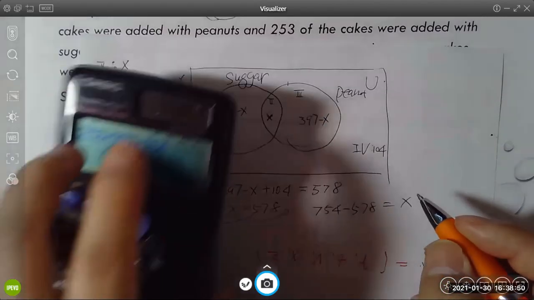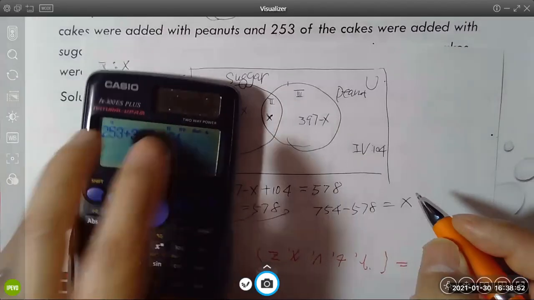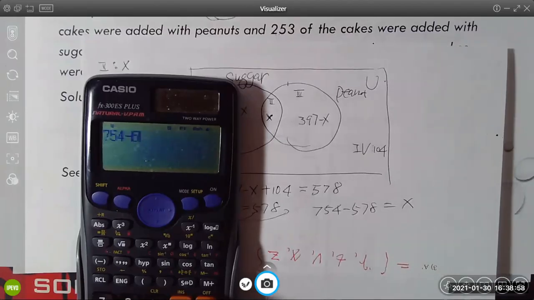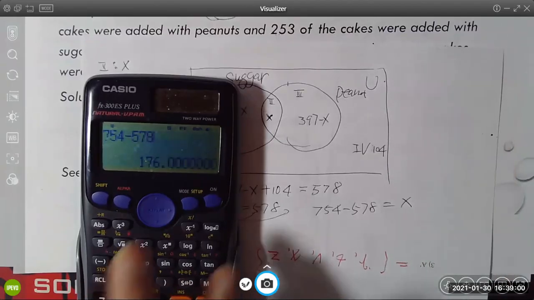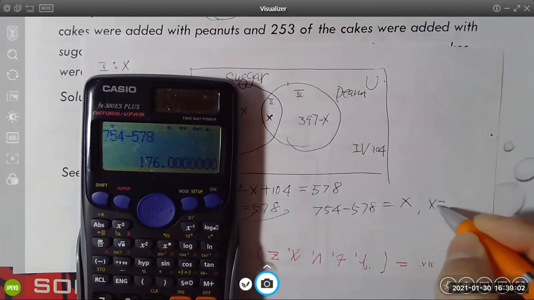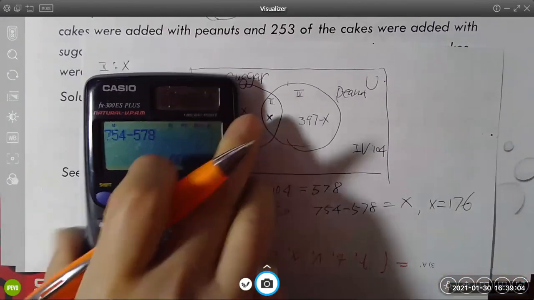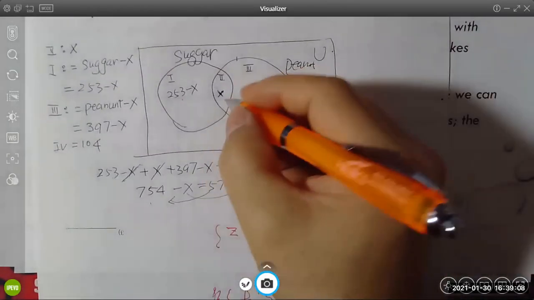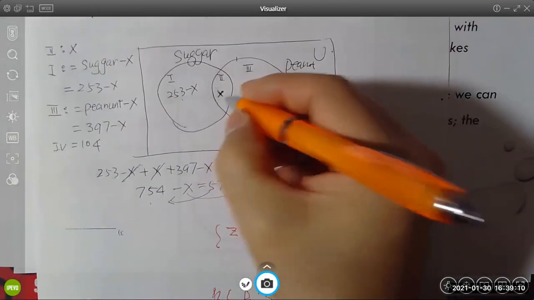Let's do that. 754 minus 578. So we get 176. So X is equal to 176. Okay, now we can put numbers in here. X is 176.